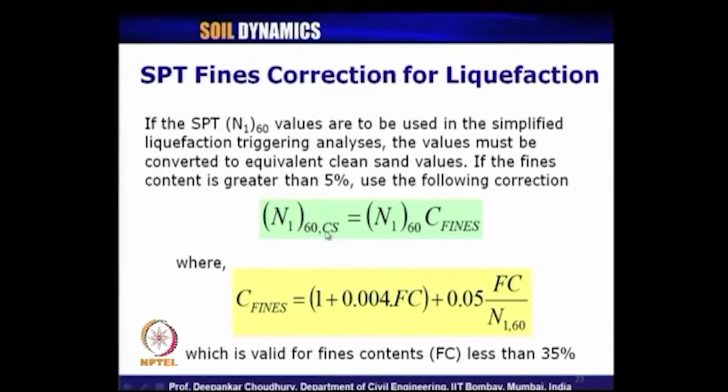CS means clean sand, because all the soil has to be standardized with respect to a particular type of soil. This is why we do the fines correction: we are standardizing all the calculations of liquefaction analysis in terms of clean sand, that is purely cohesionless soil. But within that cohesionless soil, if the percent fines is less than 5%, what does it mean?